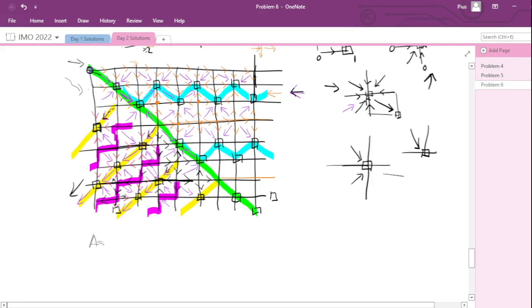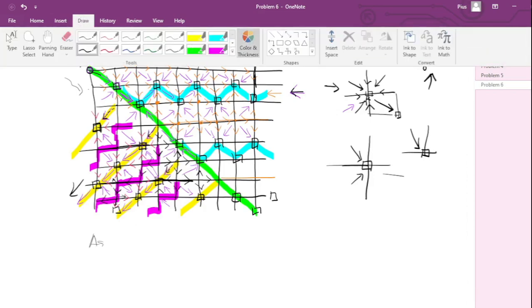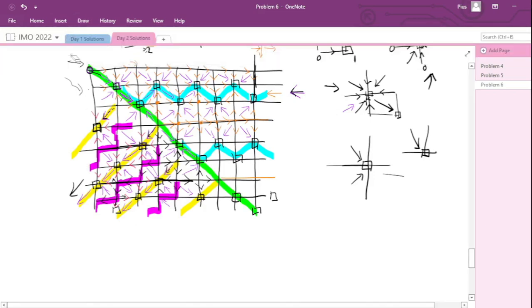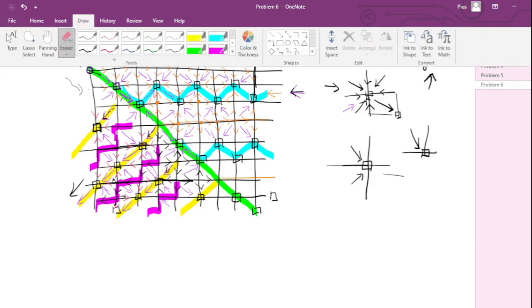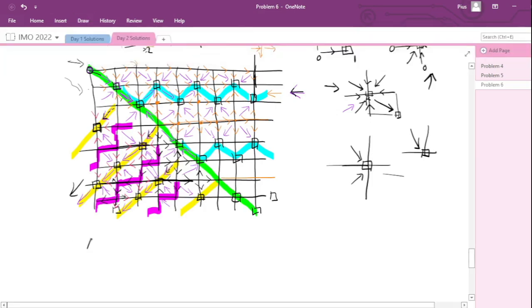So to assign numbers, okay, so I want to assign numbers. So let's say we truncated this at some square at the right size for our n.